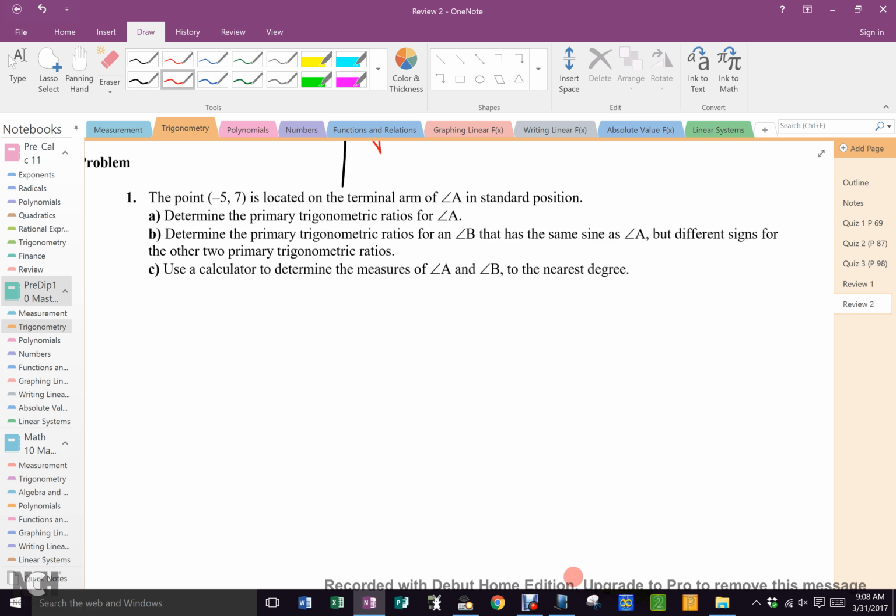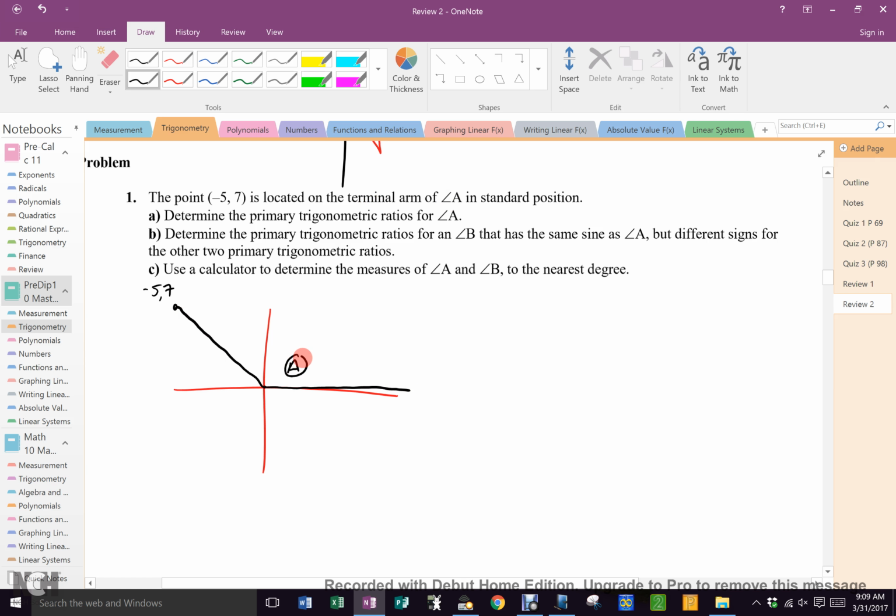All right. Point (-5, 7), where is that? What quadrant? Quadrant 2. Determine the primary terminal arm of angle A. So if that's the terminal arm, it must start there.